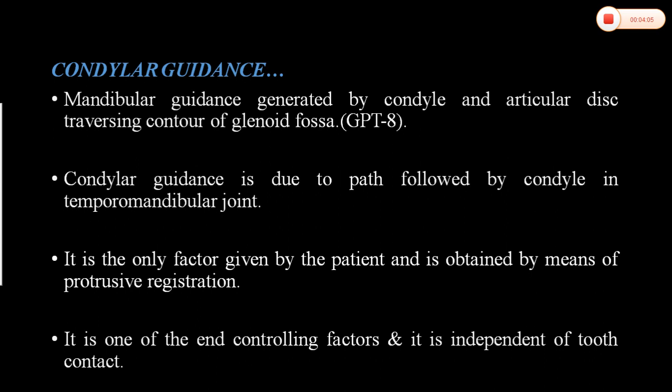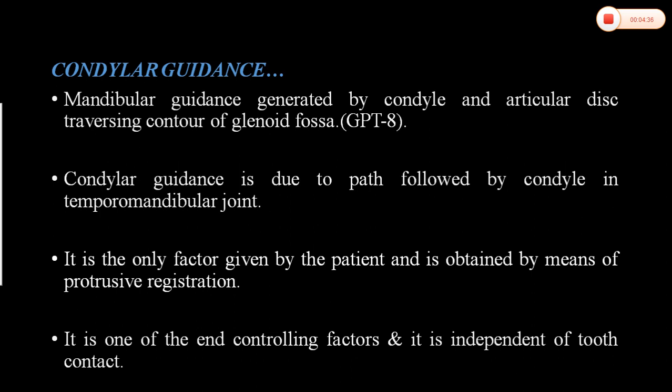Condylar guidance is recorded by making the patient bring the mandible to a protrusive state. When the mandible is in the protrusive state, you take the record in that position. When you record the mandibular protrusive position, it gives the condylar guidance, and a fully adjustable or semi-adjustable articulator can be programmed accordingly.